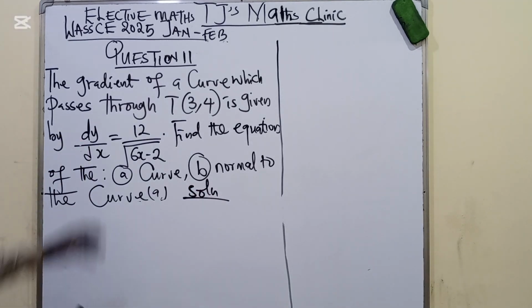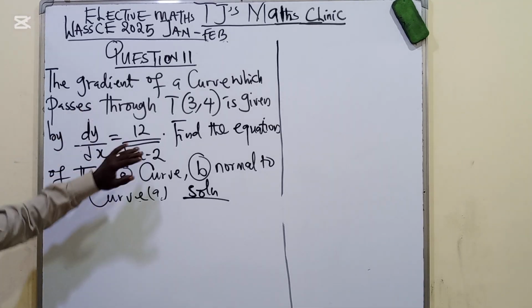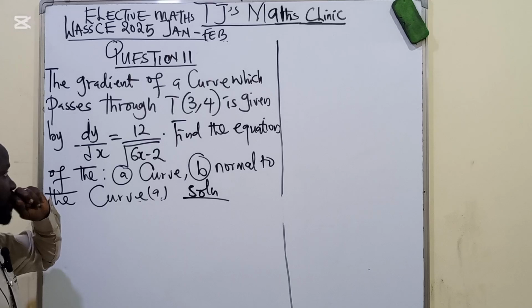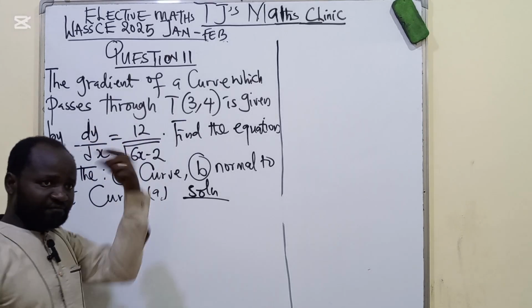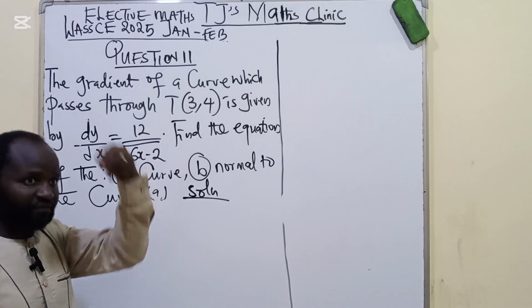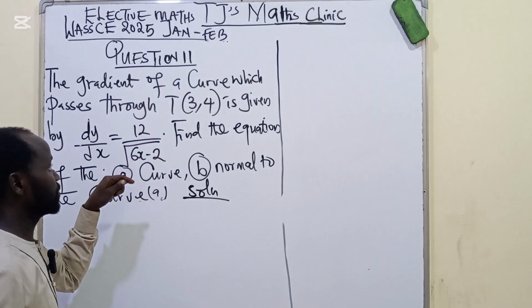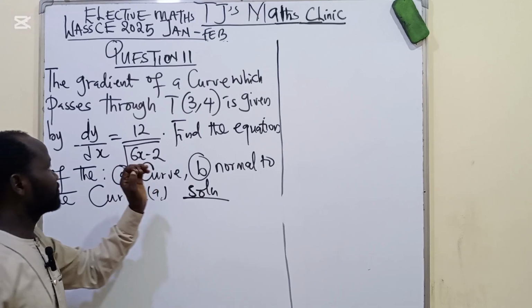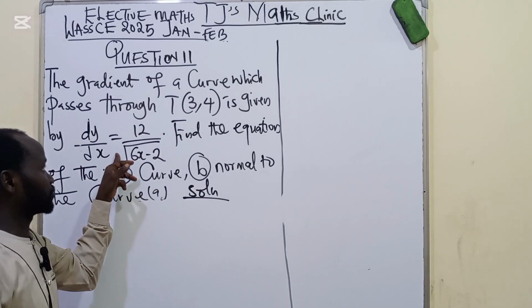We have the gradient here, and we are asked to find the equation of the curve. It means we have the derivative of a function here. This gradient is the same as the derivative of an unknown function. So for us to find the equation of a curve, we have to find the original function.